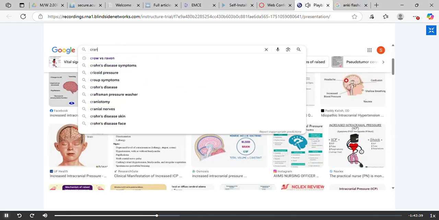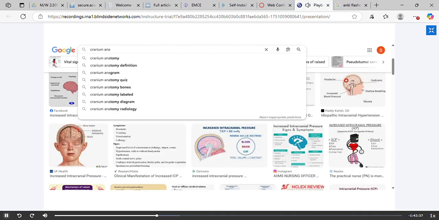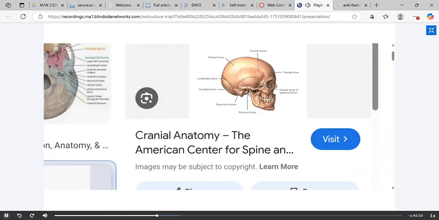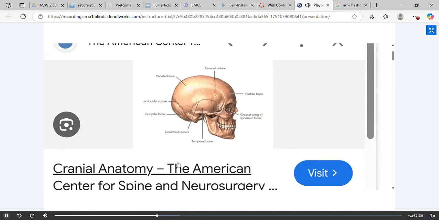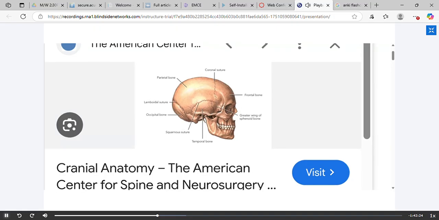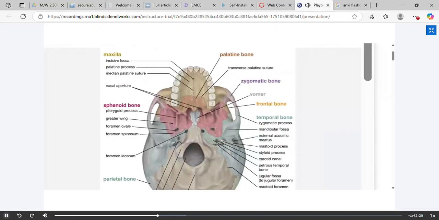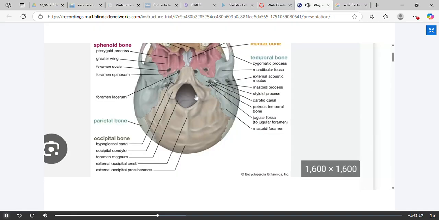Let's see here, cranium anatomy. Okay, so there's the skull, right? You've got this hole down here at the bottom, and that's where the spinal cord comes out. That hole is the foramen magnum.